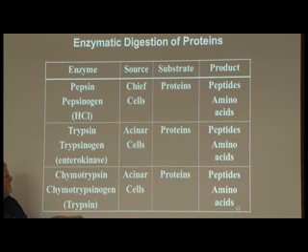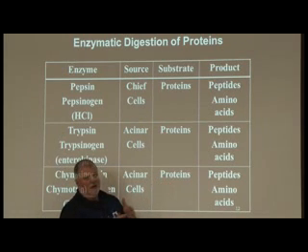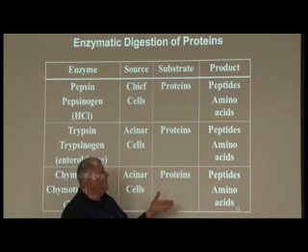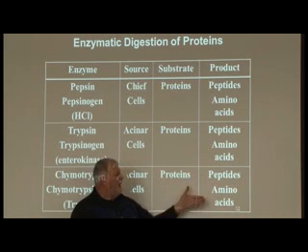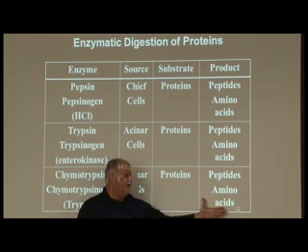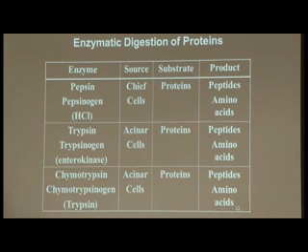Once it's in the lumen of the duodenum, then trypsin activates it to chymotrypsin. Chymotrypsin, again, is going to digest proteins, but between certain amino acids. So again, it is going to fragment proteins into peptides and may provide us with some free amino acids. So all the enzymes that we see on this first part of this protein digestion chart are going to fragment proteins and maybe give us some free amino acids.